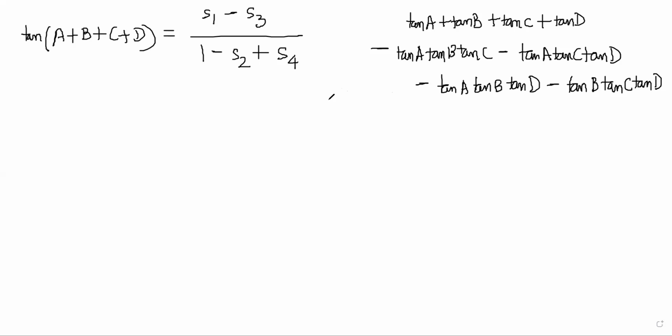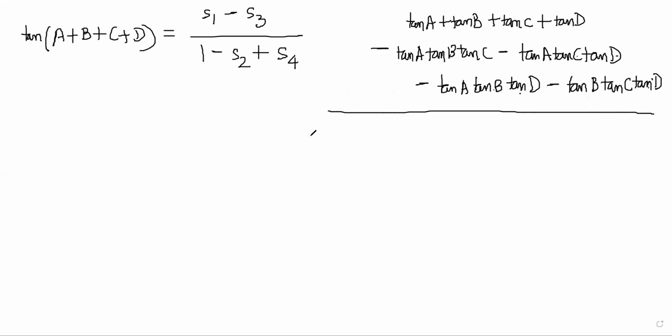Think about it. I've chosen ABC, ACD, ABD, and BCD. Nothing else is possible. See, A is coming in 3 terms, B is also coming in 3 terms, C is also coming in 3 terms, and D is also coming in 3 terms.